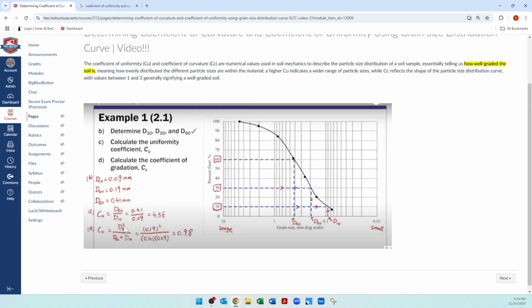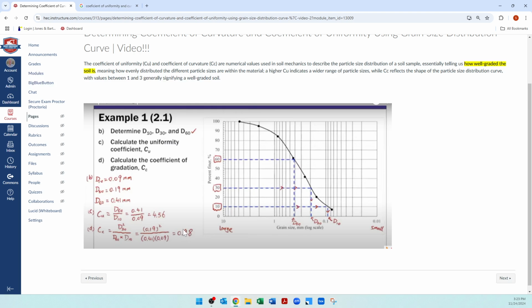Same thing over here. We substitute, but this is squared, so we have to take the D30 value, which is 0.19, and square it up here, and then we take the D60, which is 0.41, multiply it times the D10, which is 0.09, and whatever that figure is, I forgot I could do it in my head, but you take that, multiply that, and take 0.19 squared and divide it by that answer, and you'll get 1.